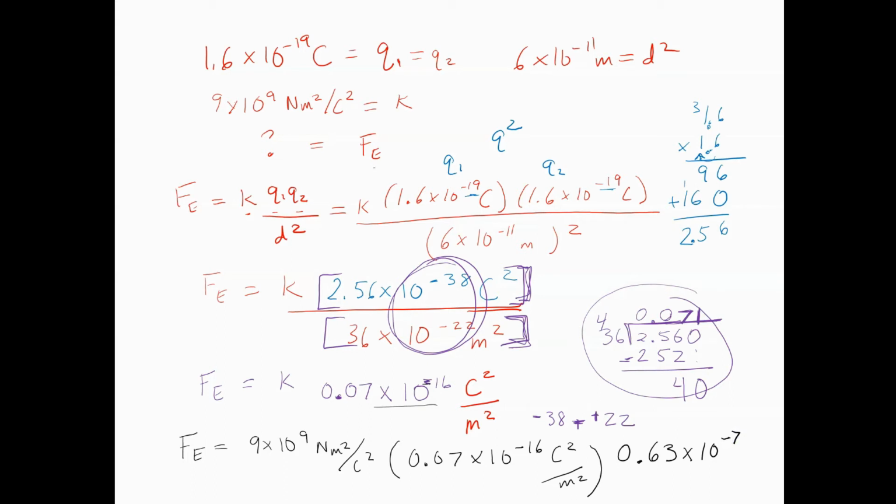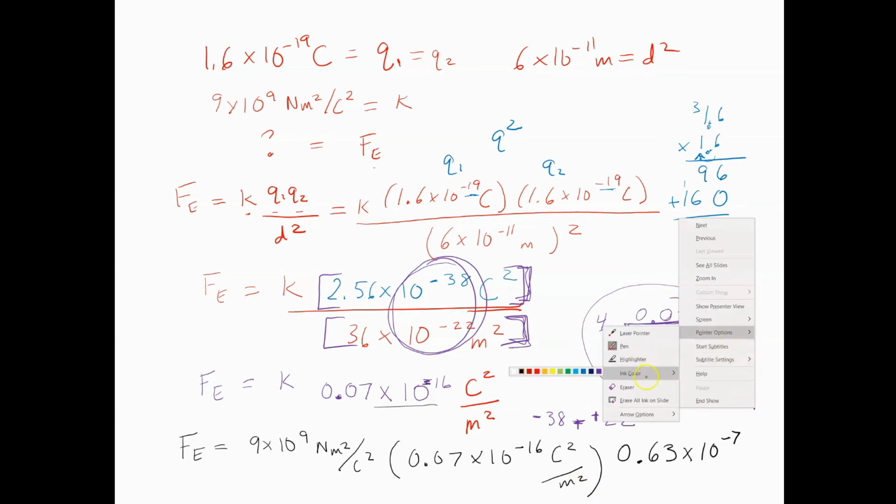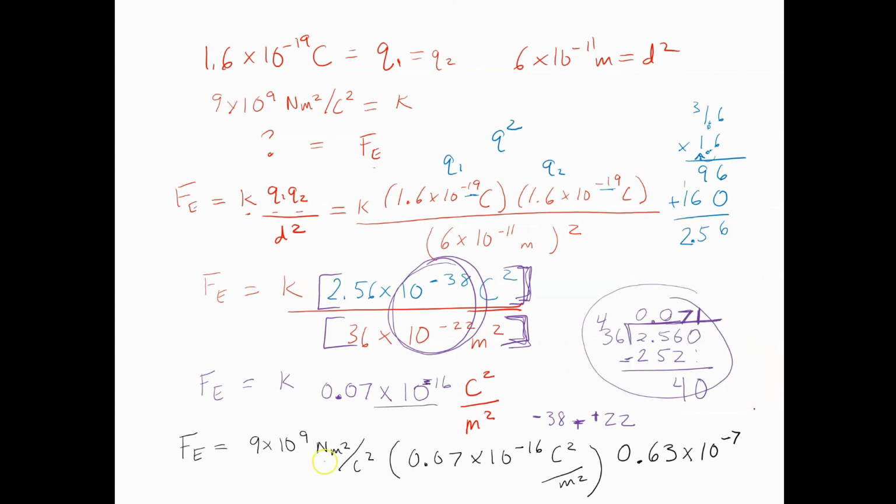The units, if we see here, I have a Newton meter squared per Coulomb squared, and that's being multiplied by a Coulomb squared per meter squared. Again, let's just add a color here to make this stand out a little bit for you. This meter squared will cancel. This Coulomb squared in the numerator cancels this Coulomb squared in the denominator, and you're left with the units of Newton.